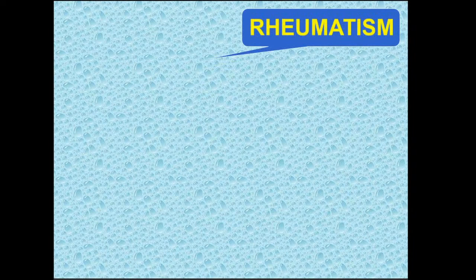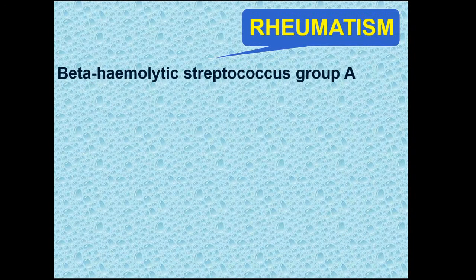Now I want to stop more time on rheumatism because, as I said, it is the more frequent cause of formation of heart defect. Rheumatism appears due to bacterial invasion of the organism with beta-hemolytic Streptococcus group A, which is trophic to connective tissue.